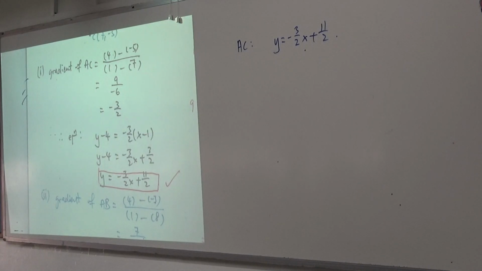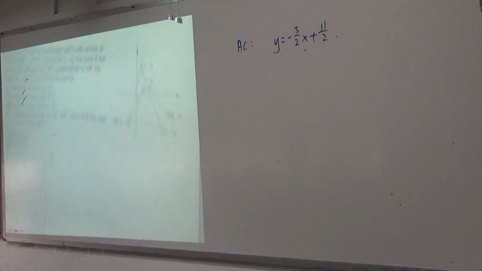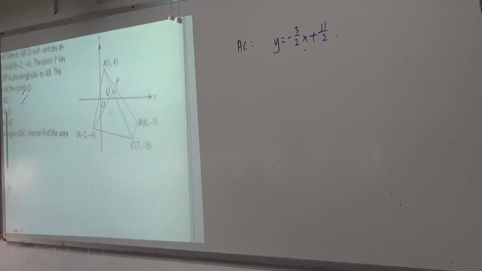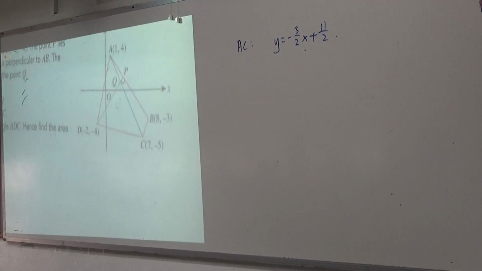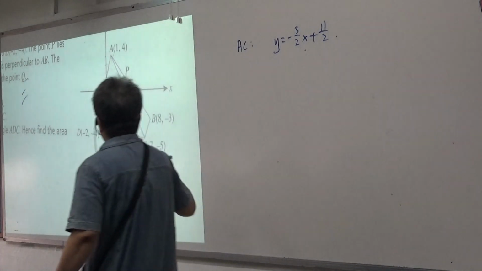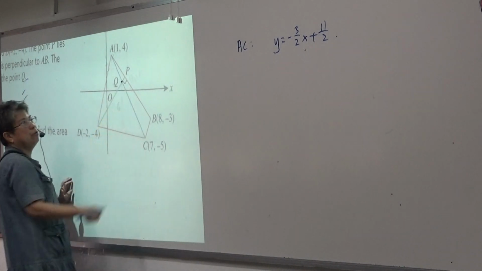Next, we want to find the coordinates of Q. Now, all of you look up, look at the diagram. They want to find the coordinates of Q. Now, how to find this point Q?